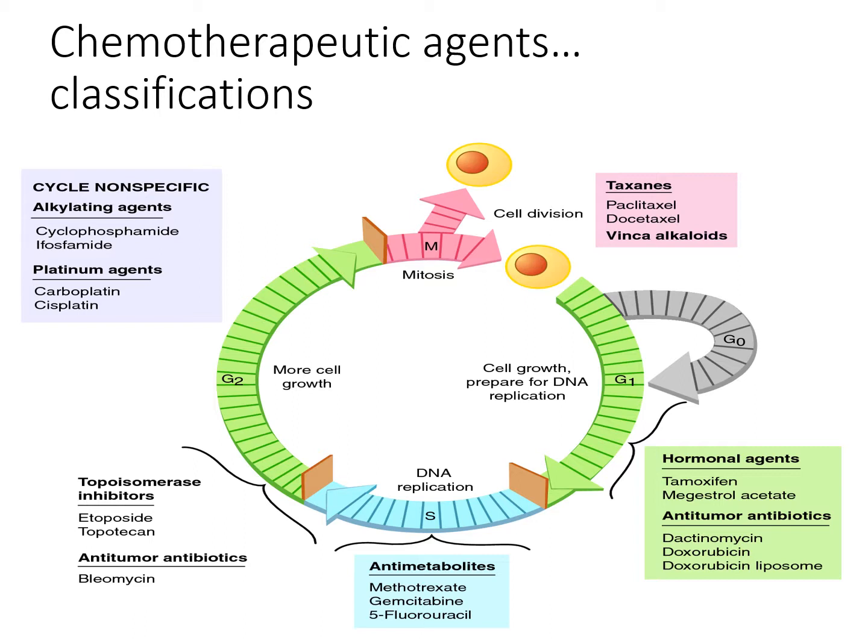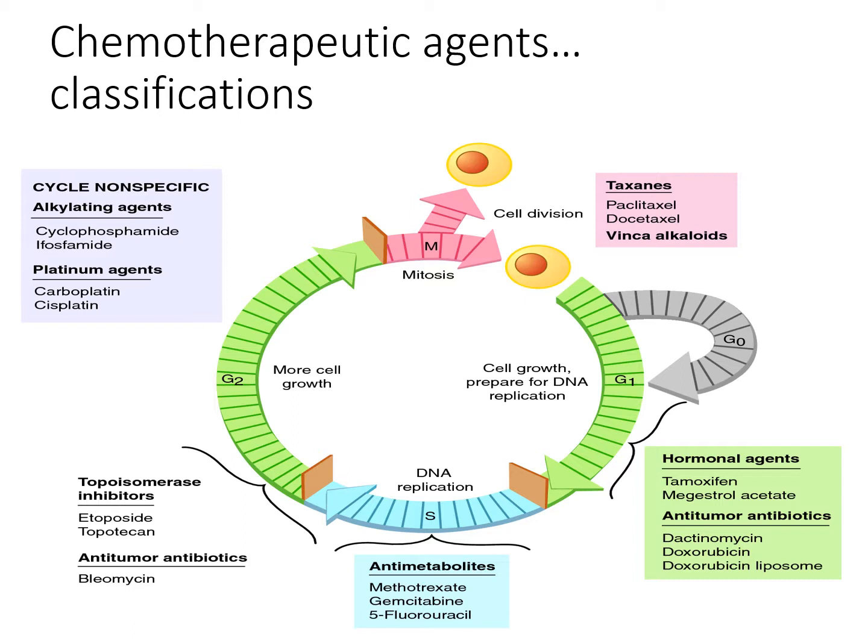On the top left hand corner, you have the alkylating agents. These ones work on different stages of the cell cycle. The cell cycle, if I take you back to biology, is how a cell goes from being one cell to being 10 cells.